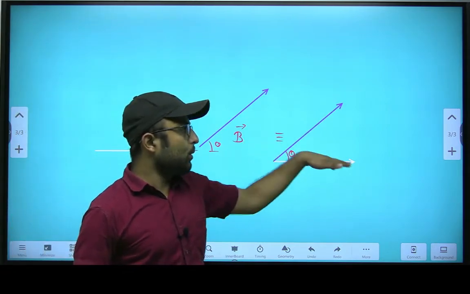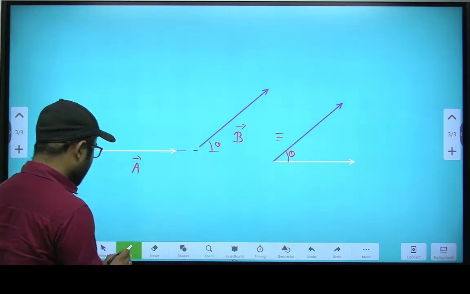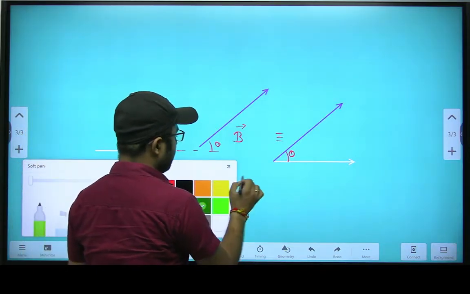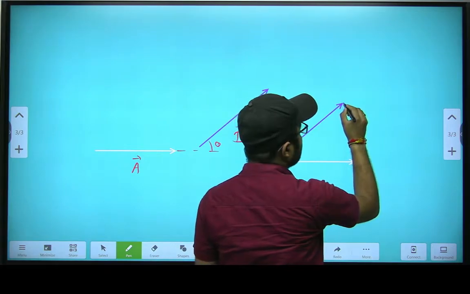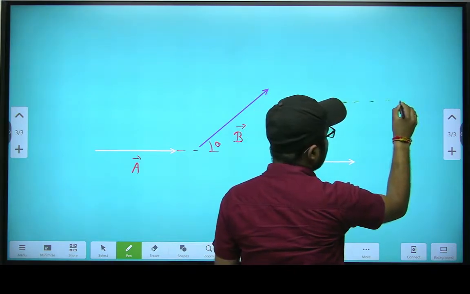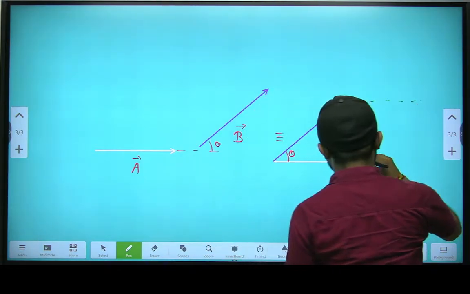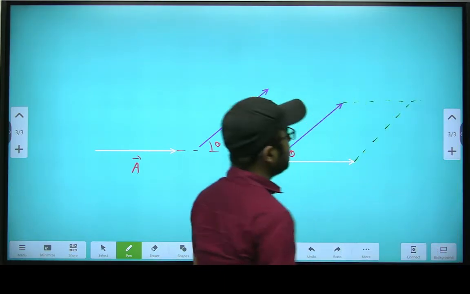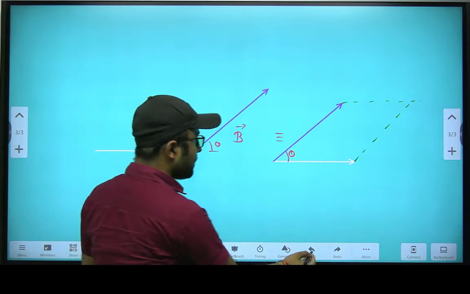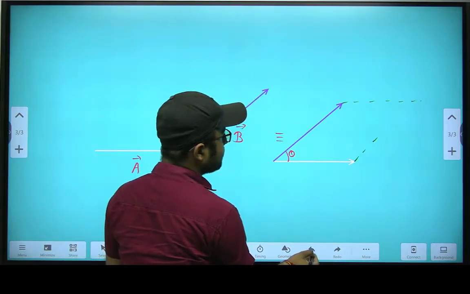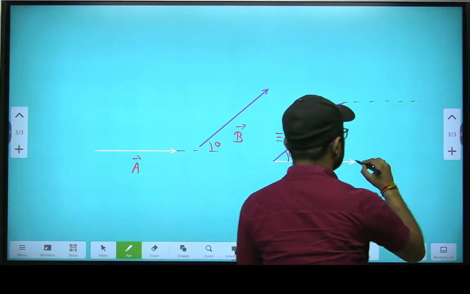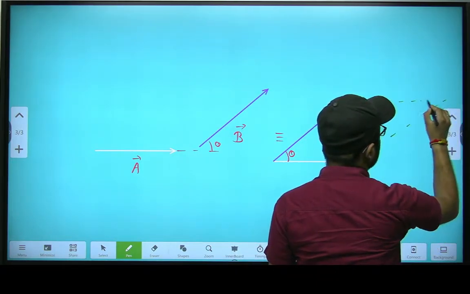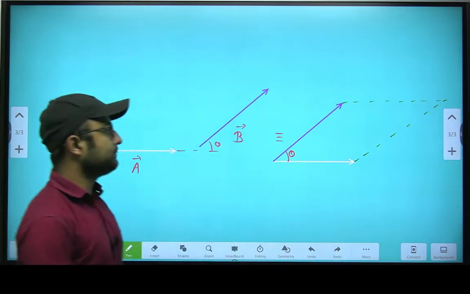Now with the help of these two vectors, we will construct a parallelogram. It looks like this.